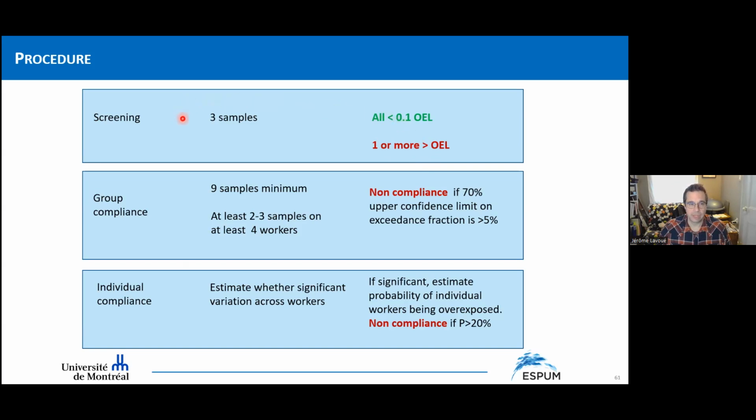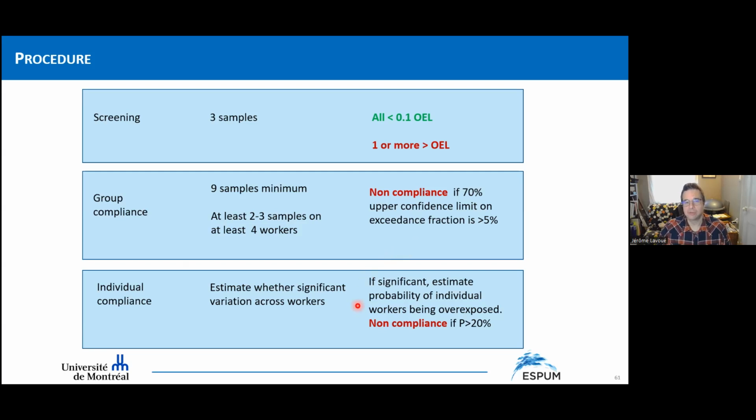If you cannot make a decision there, you calculate group compliance. And for this group compliance, you see 9 samples minimum with some repeats on some of the workers. And here, the compliance is what we discussed: if the risk of overexposure is above 30%, it's non-compliance.